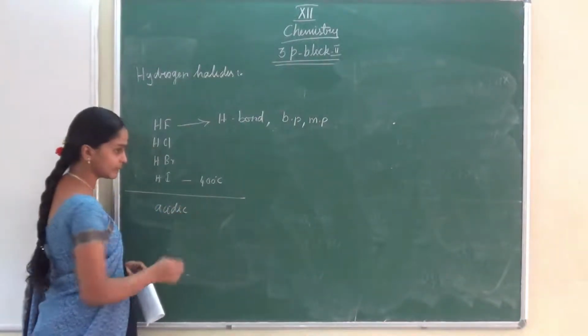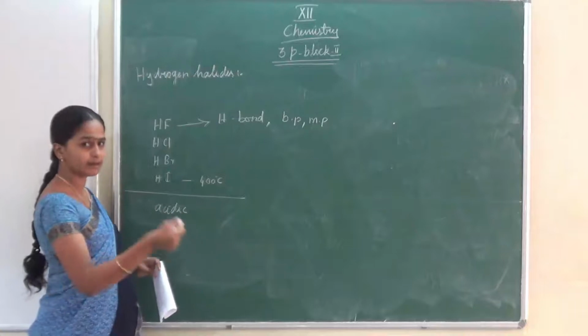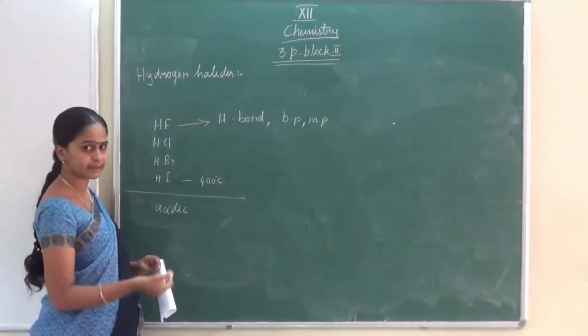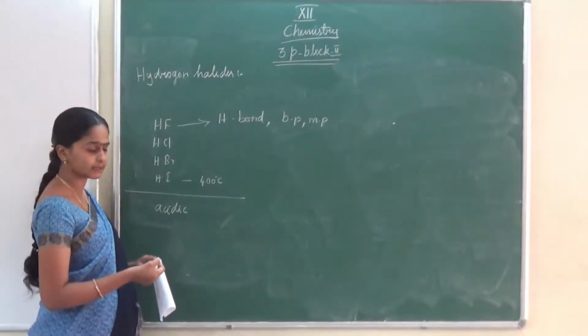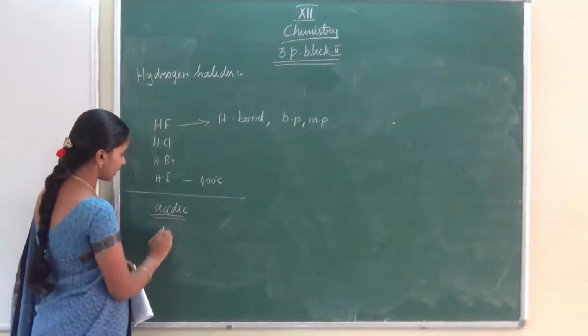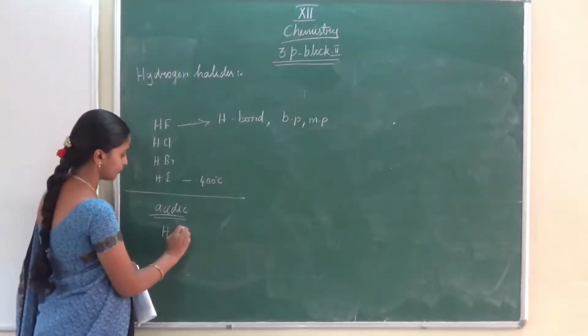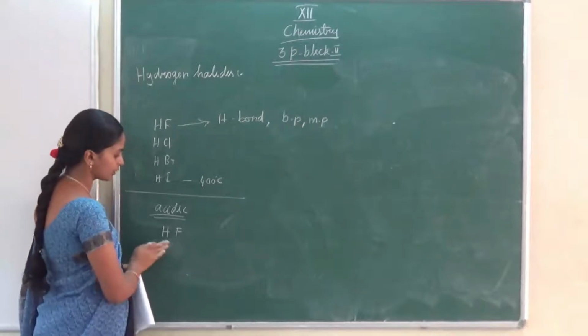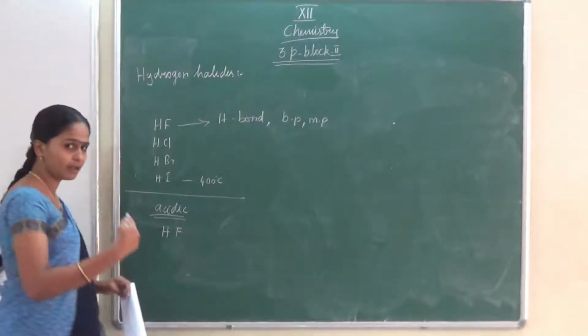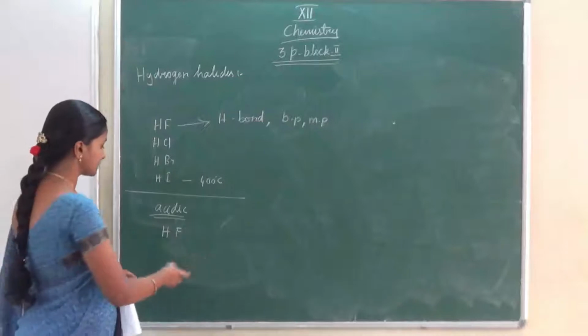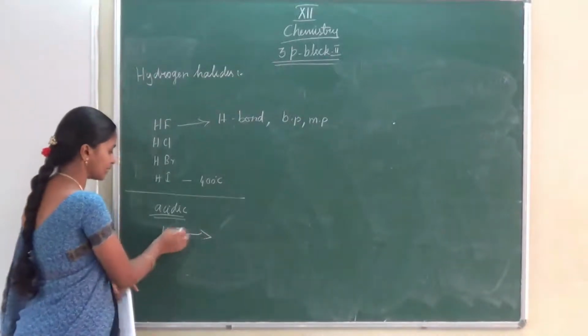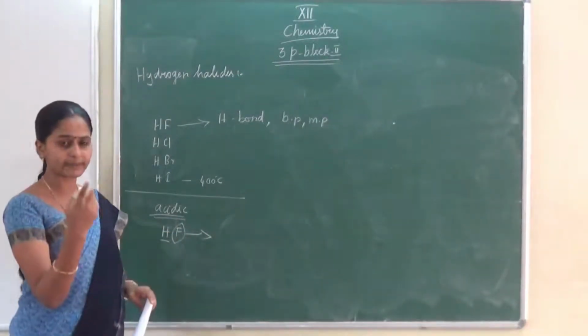Any compound which releases H plus ion is known as having acidic nature. Now here all the hydrogen halides, HF, HCl, HBr, easily send this H as H plus, because they want to attain the noble gas configuration.